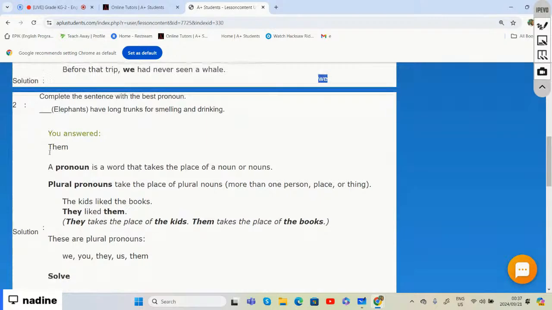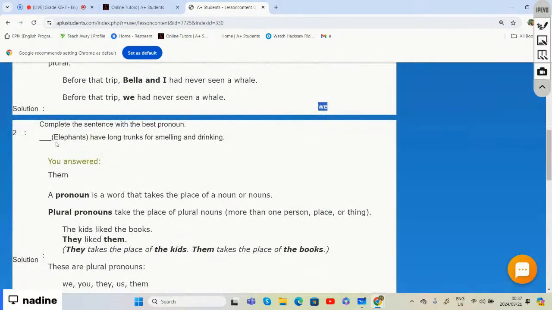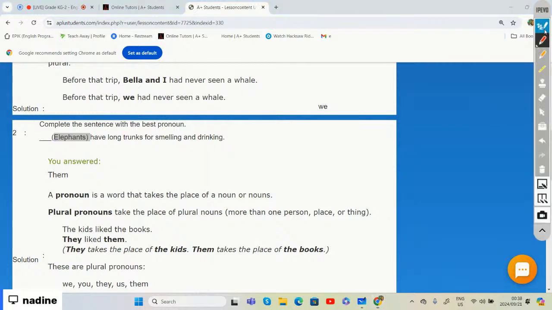All right, going on to the next one. Elephants, more than one elephant. Elephants have long trunks for smelling and drinking. Do we say they have long trunks for smelling and drinking, or do we say them have long trunks for smelling and drinking?